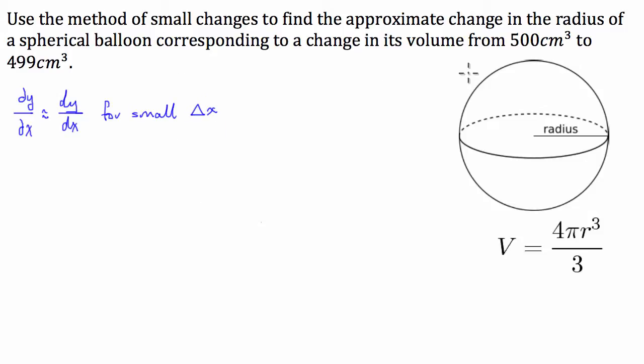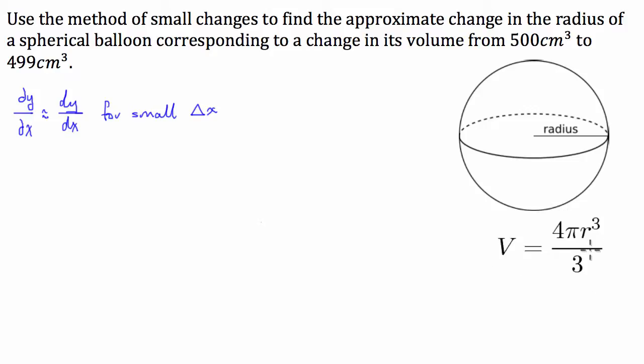Okay, so what we've got here is the independent variable. What is changing in our situation is the volume. So we have a method of finding the volume in terms of the radius. What we need to do to start with is rearrange this formula so we can have the radius in terms of the volume.